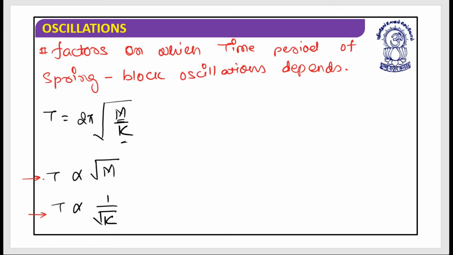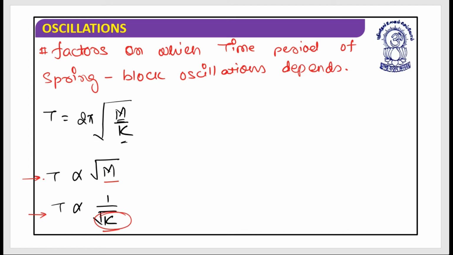So I have only two options: either you change this or you change this, and the time period could be changed. Now, how to change k? We have learned a little about that in the unit on work, power and energy. We are going to revise it over here, and then we will come back to the spring-block system SHM.